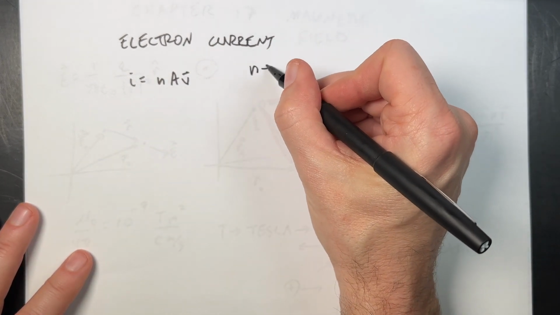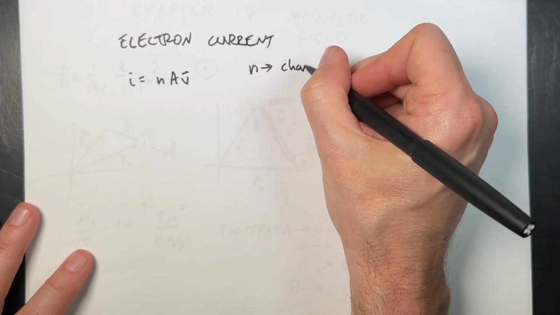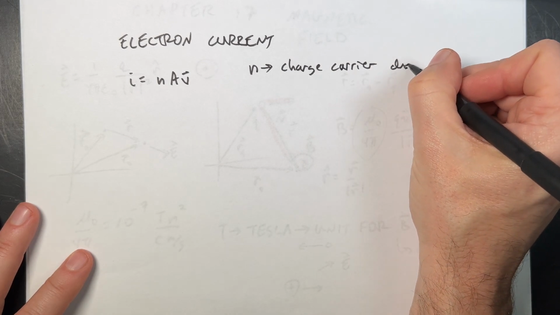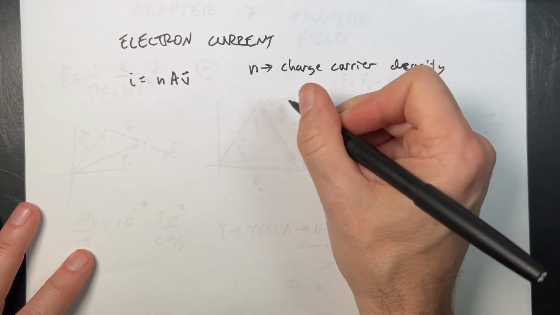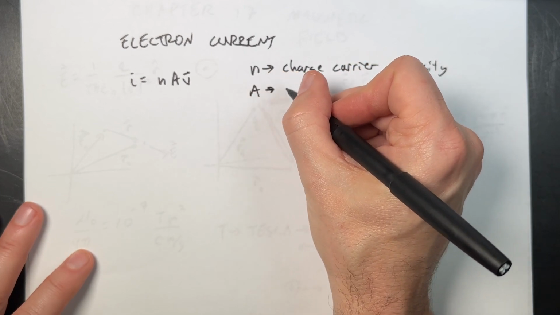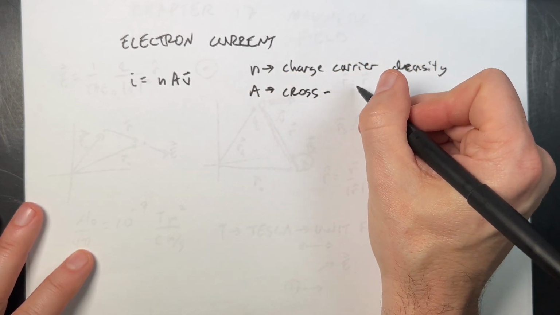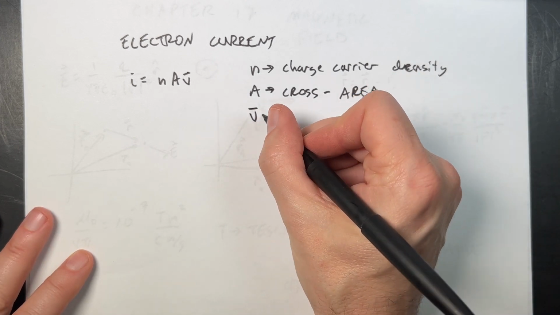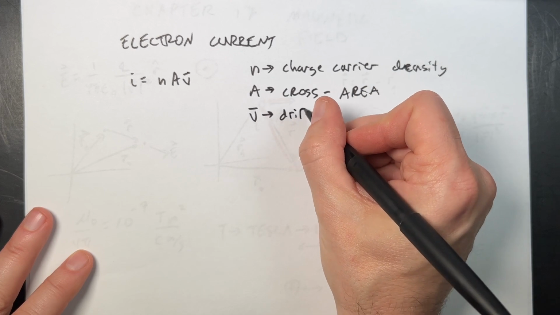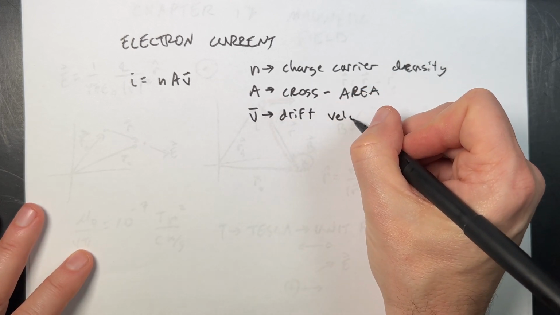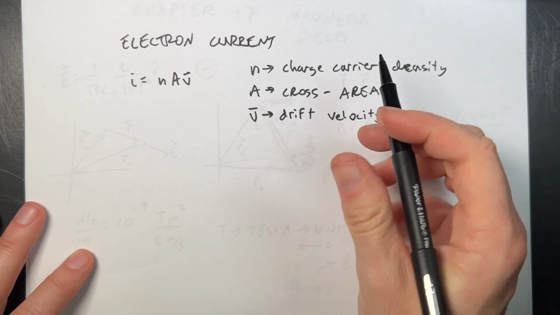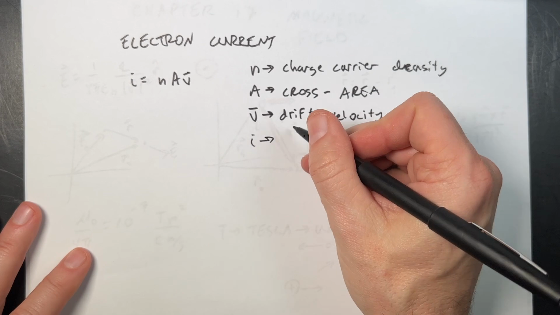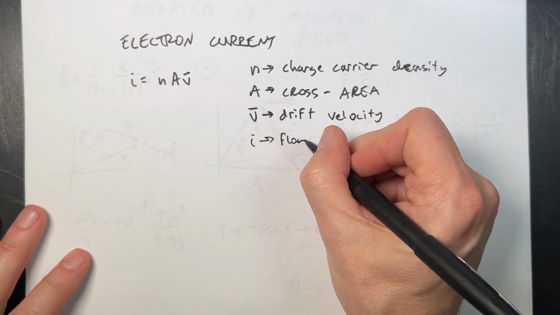So n is the charge carrier density, A is the cross-sectional area, and then v-bar is the drift velocity. So this is really the flow rate. i is the flow rate. We call this the electron current, but it's the flow rate.